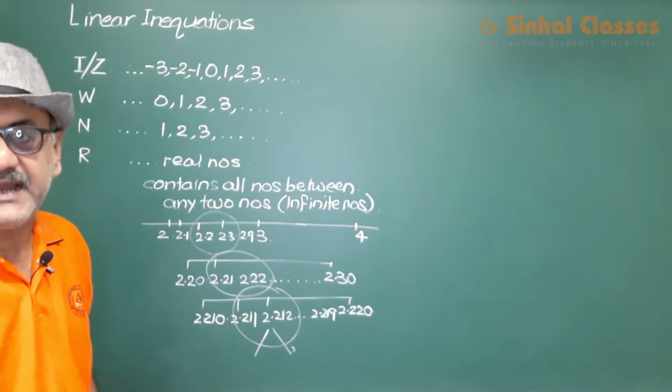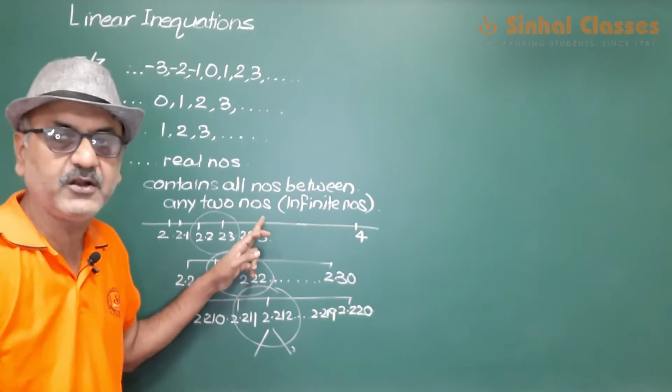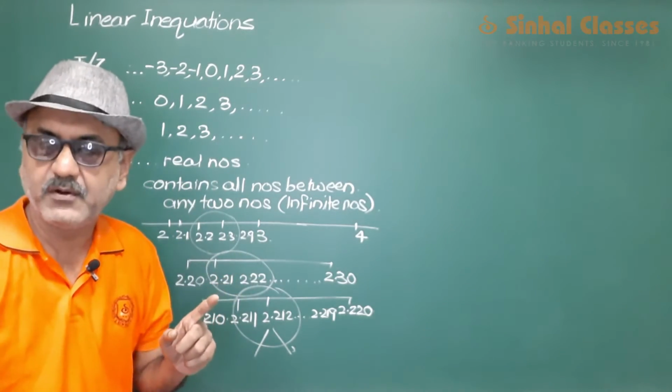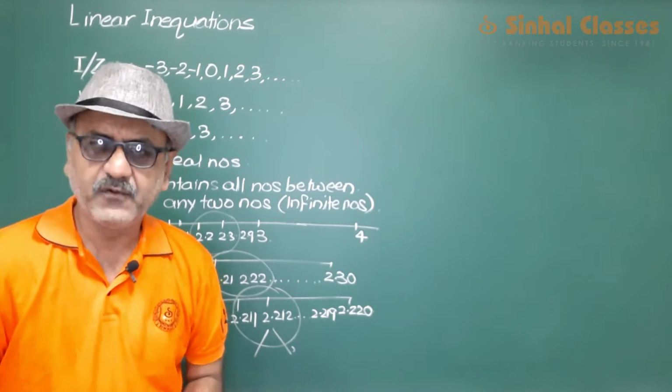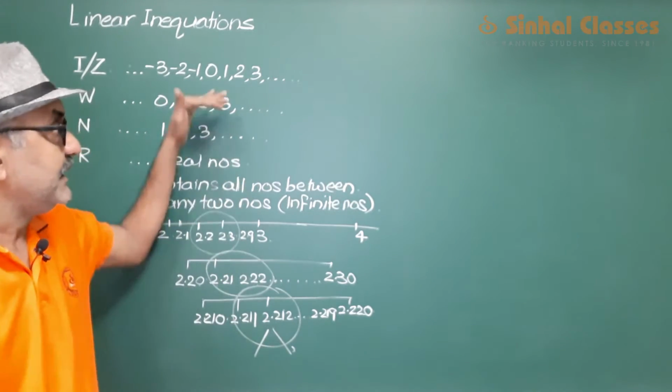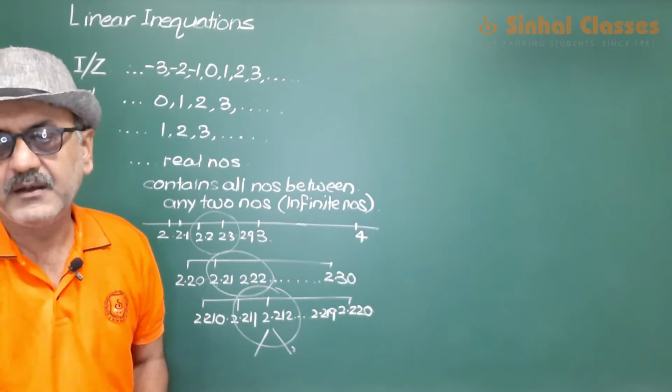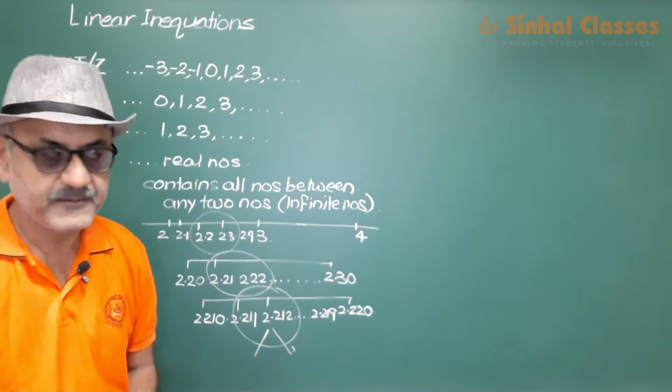So this list is endless. So when we are talking about a set of real numbers, we cannot actually write the exact numbers because there are infinite numbers involved. These are the things that we should know before we start with inequalities.